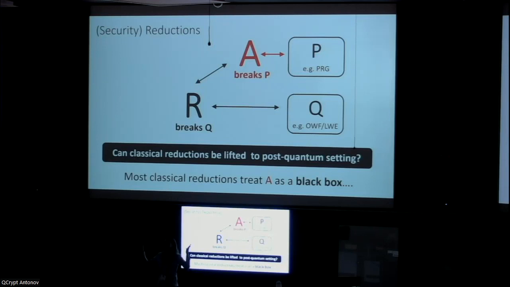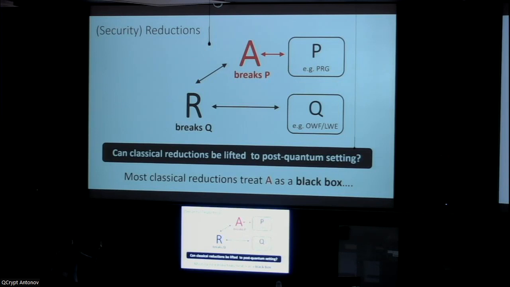We have dozens of years of cryptographic research. And the question is, do we now need to redo everything so that it's secure in the post-quantum setting? Or can we just say, take everything we did, it's magically still secure? So the reduction is classical, everything is classical, but now it's interacting perhaps with a quantum adversary. And the question, does security still hold? That's a great question, thank you.